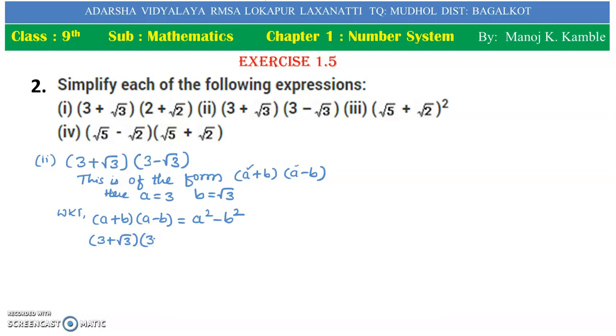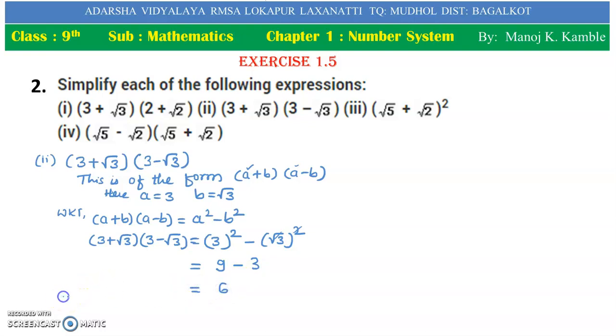So a means 3 whole square, b means square root of 3 whole square. So equal to 3 square, that means 9, minus square root of 3 whole square. The square and square root get cancelled, it becomes 3, so that is equal to 6.